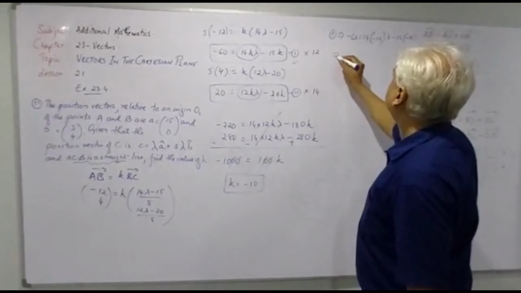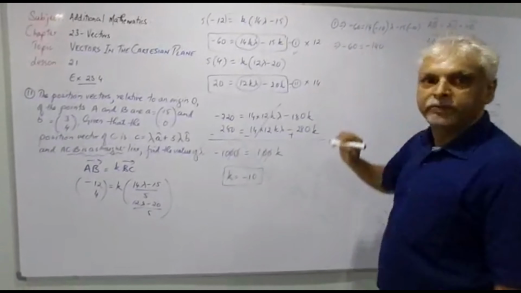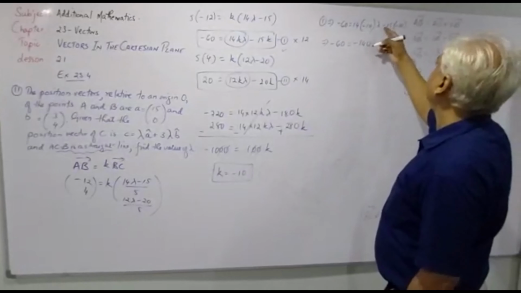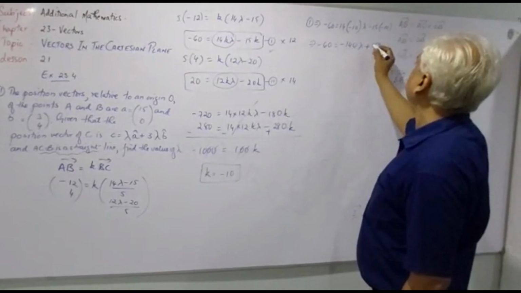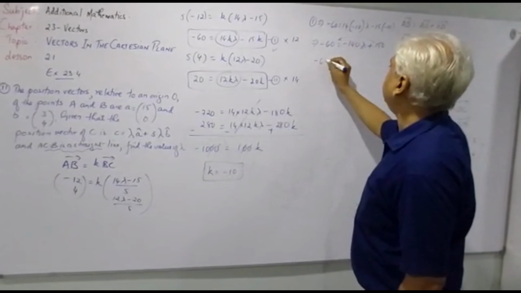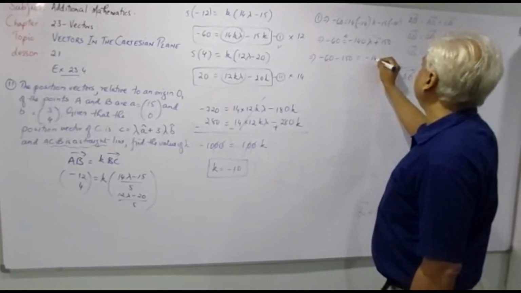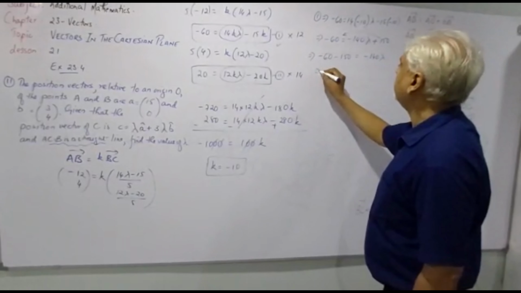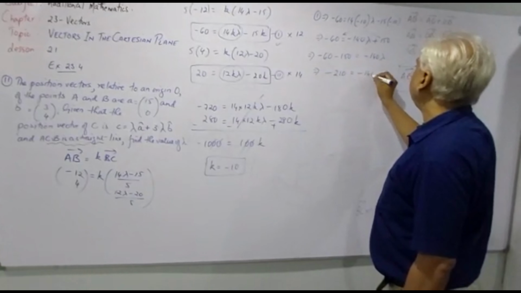So I will get minus 60 equals minus 140 lambda plus 150. Bring plus 150 here, so minus 60 minus 150 equals minus 140 lambda. This would give me minus 210 equals minus 140 lambda.